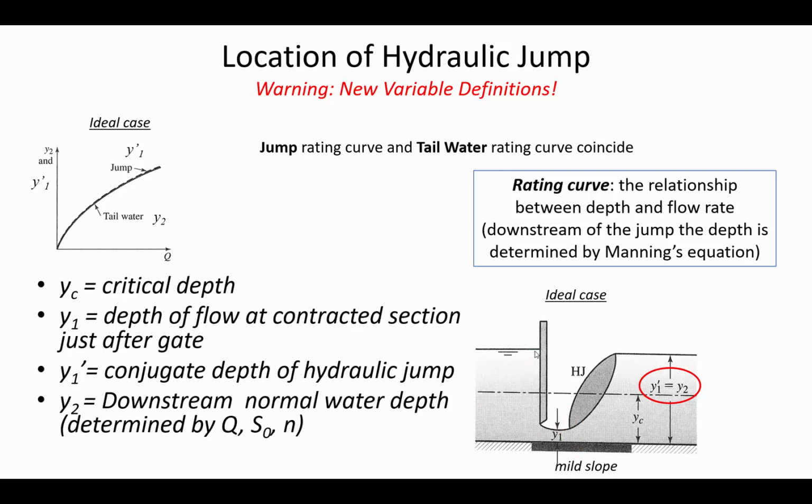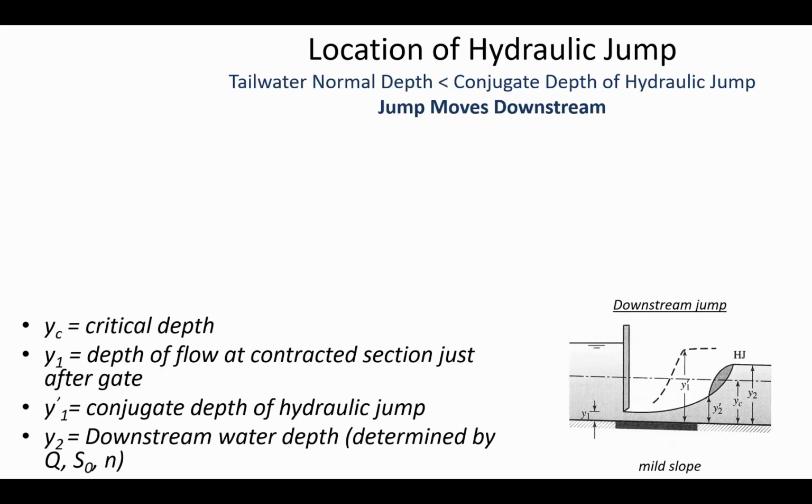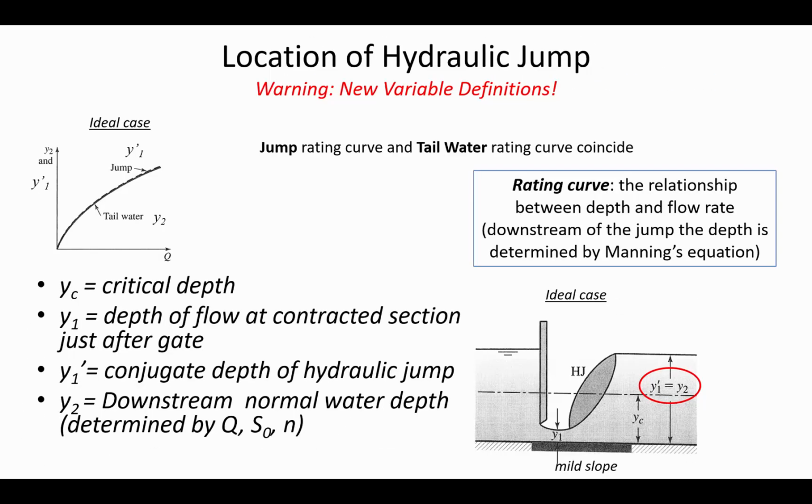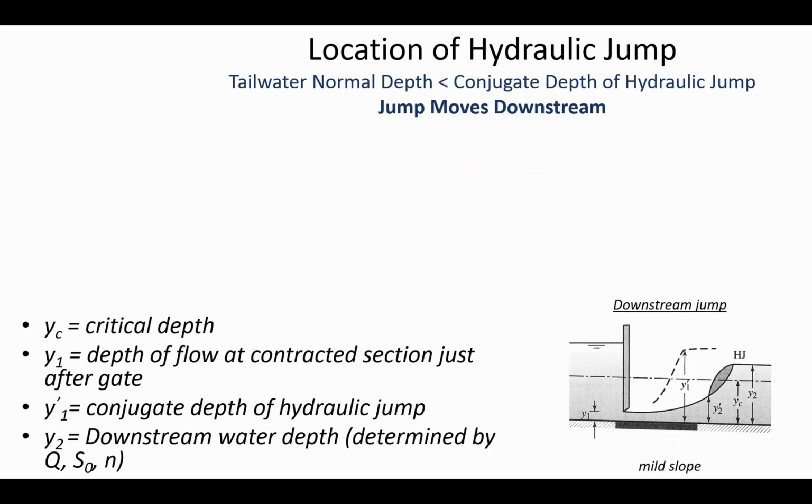Now, what will happen is sometimes those two curves don't line up. So here, in comparison to the ideal case where the jump occurs immediately, the downstream jump just means that the hydraulic jump, based on the depth of flow prior to the jump, wants to go up to this depth, but it can't immediately jump up to this depth that's shown, y prime 1, because the channel has a different slope.